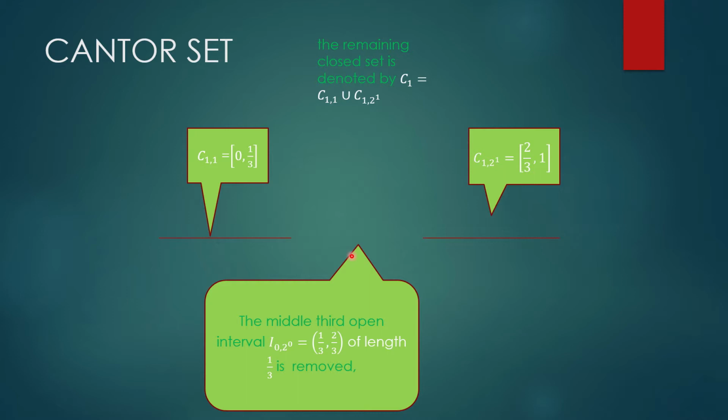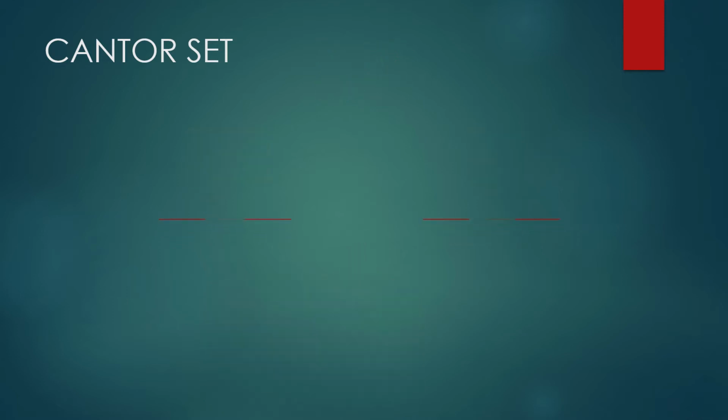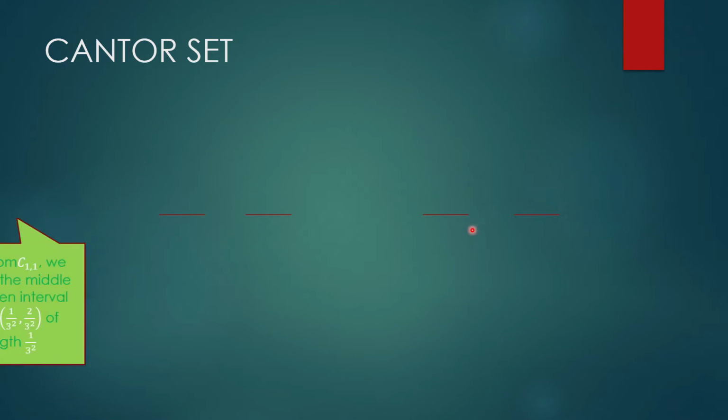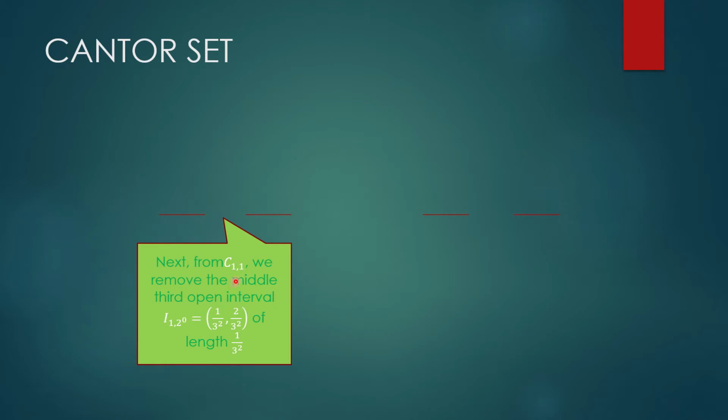In the next step, the second step, from the remaining part C11, we remove the middle third open interval again. From the C12 part of C1 also we remove the middle third open interval. The removed interval from C11 is named I11, and that is equal to (1/3², 2/3²), and it has length 1/3².